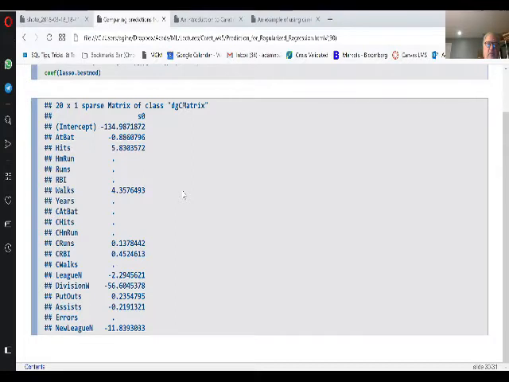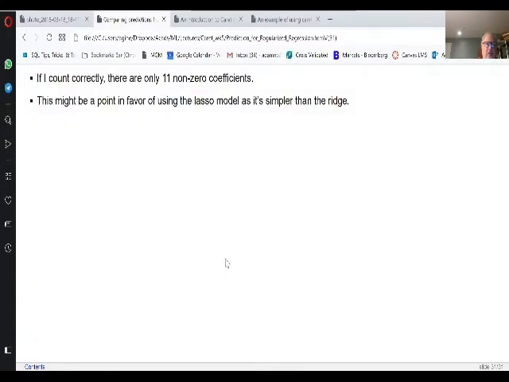You can see that these dots mean those coefficients are not used. So the best lambda model has gotten rid of most of the coefficients, and I wasn't going to add them up because I remembered on the next page I'd written them out. So I have 11 non-zero coefficients. Now, that might be a point in favor of using the Lasso over the Ridge. It has similar results, but since it's only using 11 coefficients, it's a much simpler model.